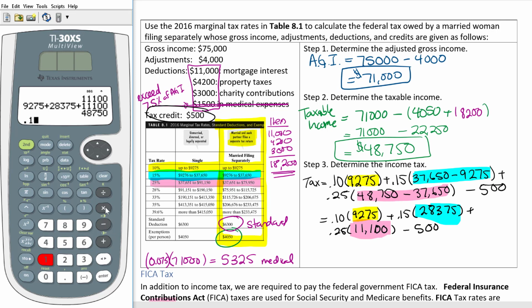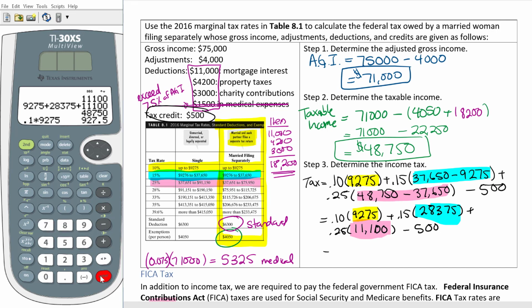So 0.10 times 9,275, and that turns out to be $927.50.